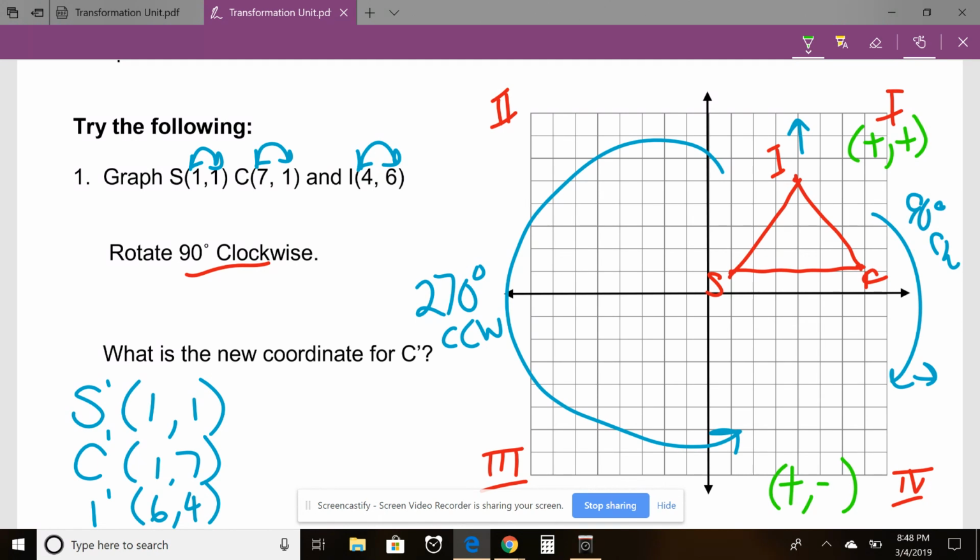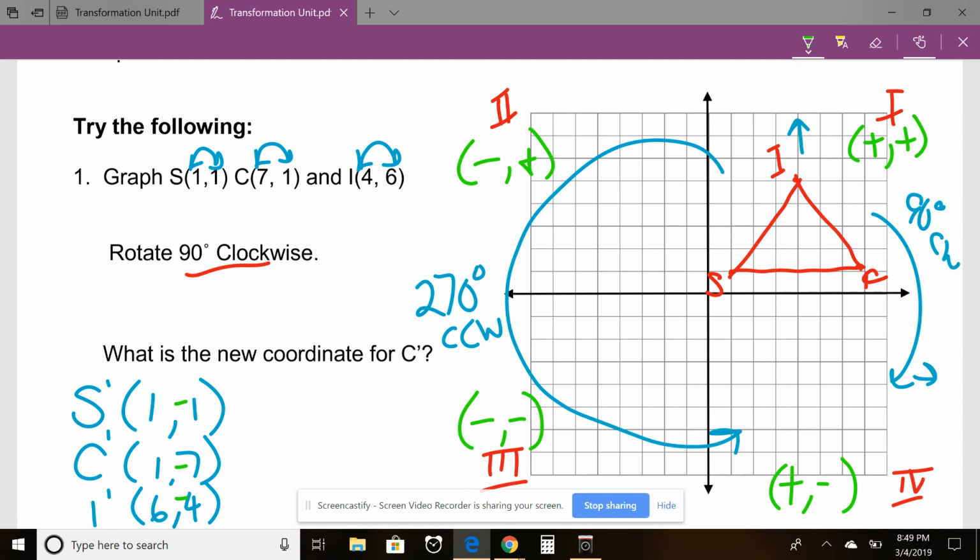Remember, all points in the fourth quadrant, the X value is positive, the Y value is negative. Second quadrant is negative, positive, and third quadrant is negative, negative. So that's what I mean by sign scheme. So when I rotate S to S prime, I have to change all the Y values to a negative, or else it wouldn't be in the fourth quadrant.